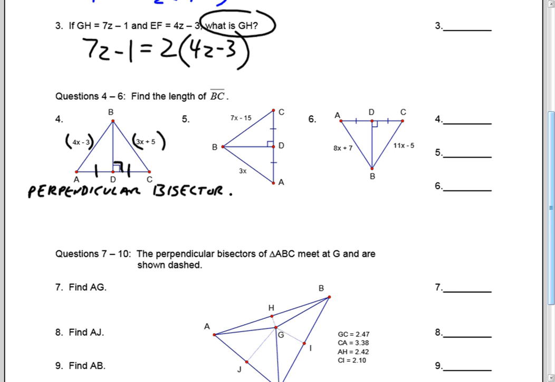One of the rules in chapter 5 says that if you've got a perpendicular bisector, you're cutting that original triangle perfectly in half, which means that not only are these two sides equal, but these two sides are equal. You've got an isosceles triangle. The two little triangles are exactly the same.